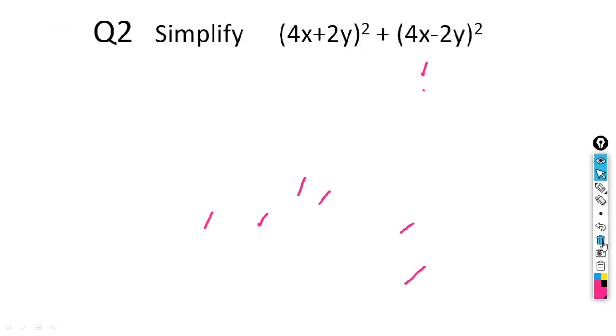Now let us simplify this problem: (4x+2y)³ + (4x-2y)³. In this problem, first of all, we will expand (4x+2y)³ by using the identity (a+b)³ and (4x-2y)³. This will expand, and after expansion we will add them.